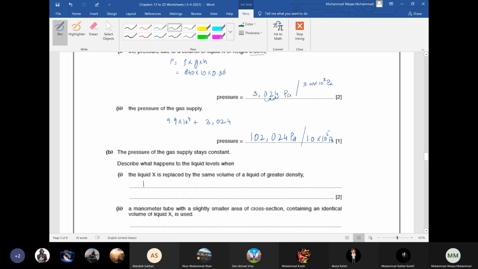Shabash beta. It will go up. Yes, left level goes higher. And the right level? Lower.